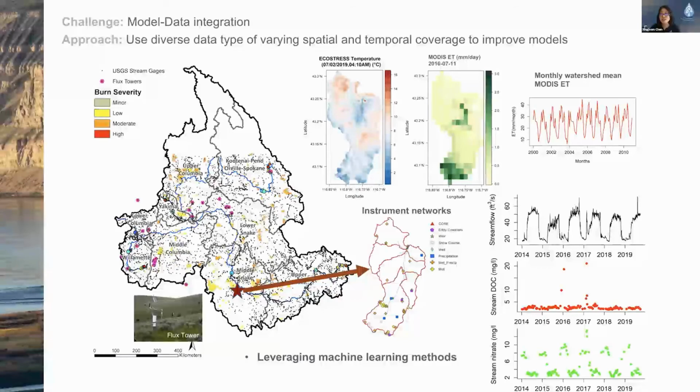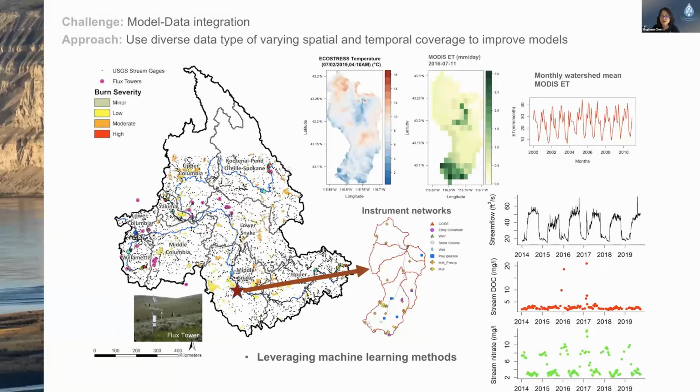Like I have mentioned, in order to do a good job over there, we have to use all the information we can find from a wide variety of measurements like the USGS monitoring stations, Ameriflex towers, remote sensing, to parameterize our model and also to evaluate and improve our model.